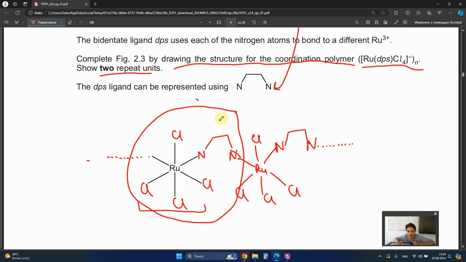So that's it. You have 2 points for this question. First, probably is just to show one repeating unit, another just to show 2 repeating units, another mark just to show that they are bound to each other with that one bidentate ligand. So that's it.